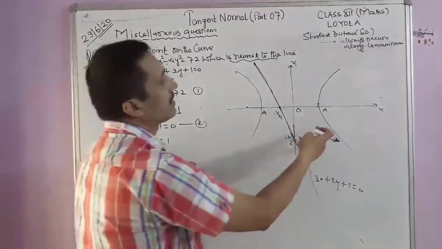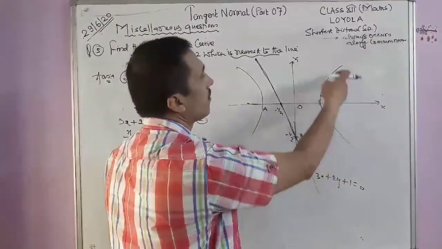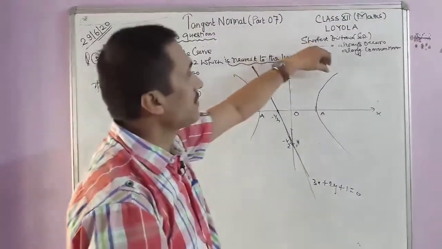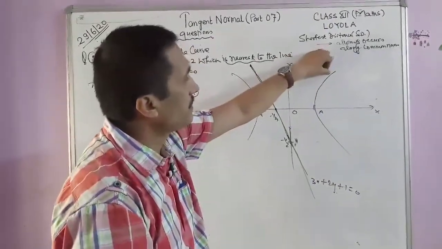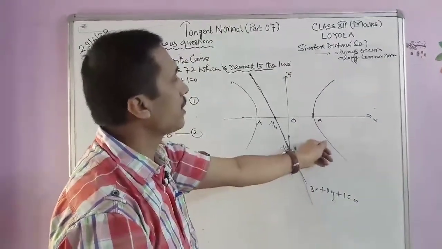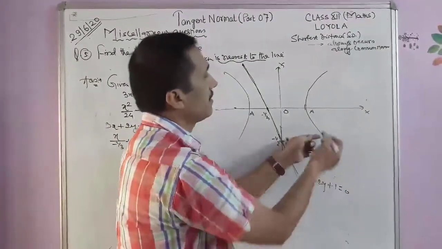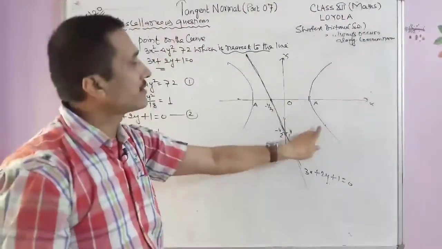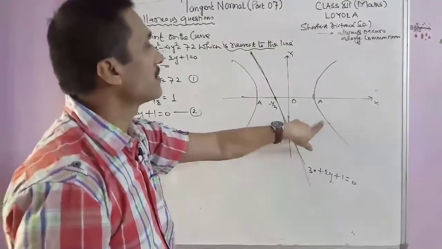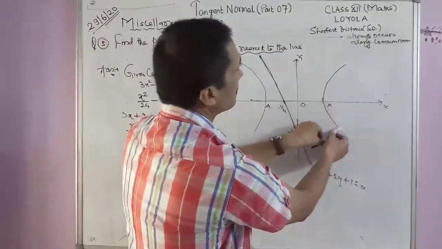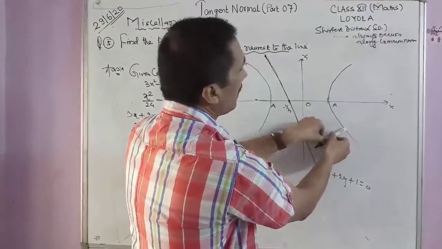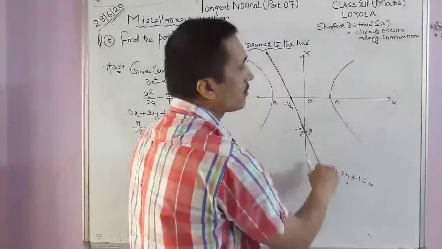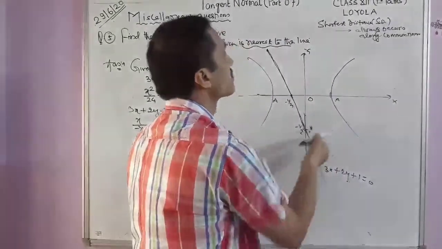If we take any point P(h, k) on the hyperbola, the working process will be exactly the same as the previous question. We take any point P(h, k) on the hyperbola, differentiate the equation of the hyperbola, find the slope of the tangent, then the slope of the normal, and this normal is perpendicular to this line, and this will be the shortest distance.